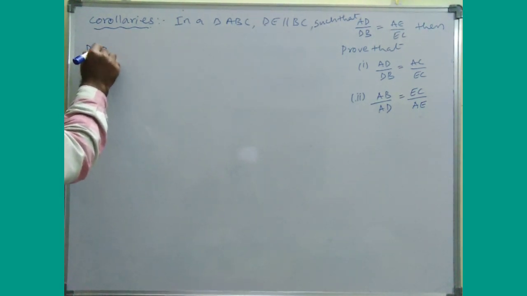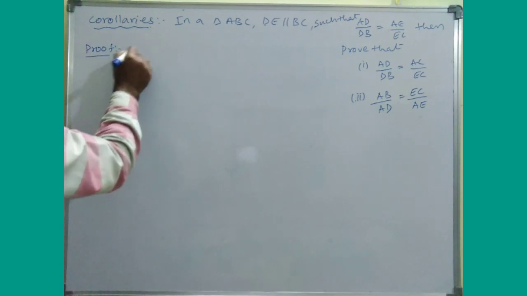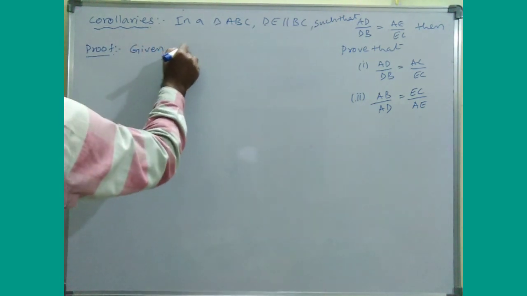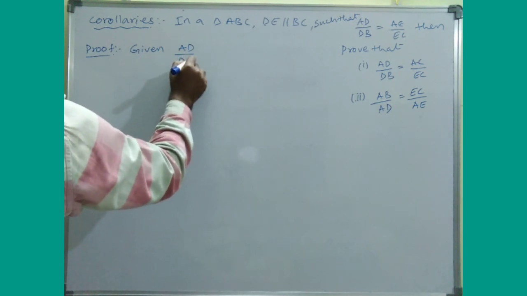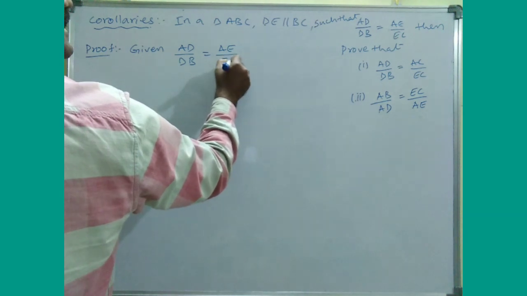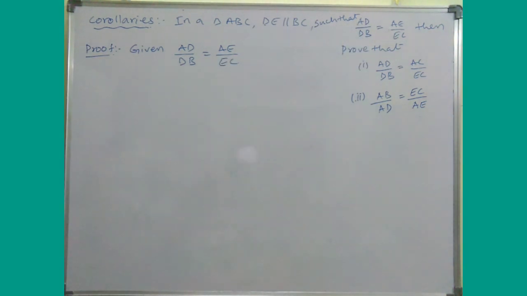See, coming to the proof, what is given? AD by DB is equal to AE by EC. Please do not confuse, almost every condition is in the same way.